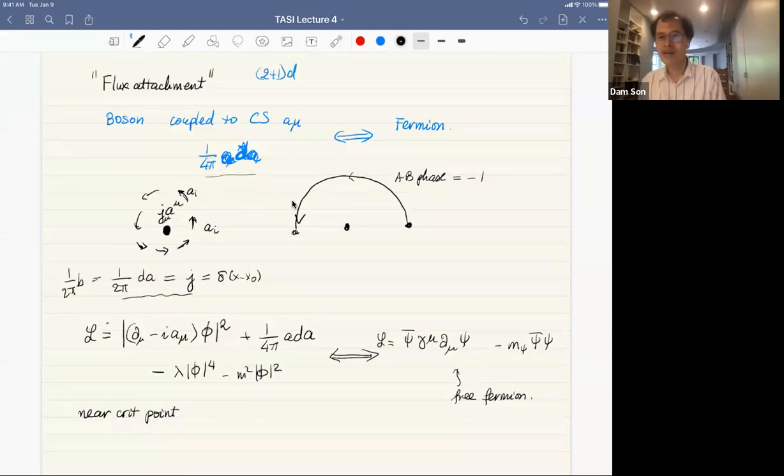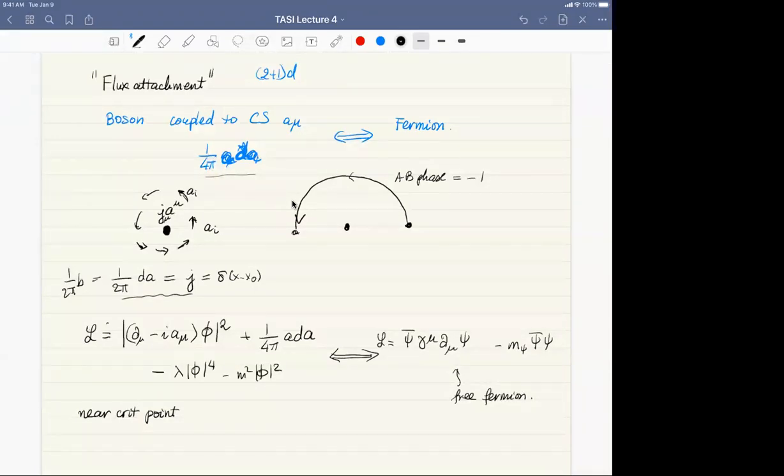And it is unclear at this moment whether that statement is true, that there is such a critical point. But let's accept that as a working hypothesis, and then try to extract consequences from that statement.